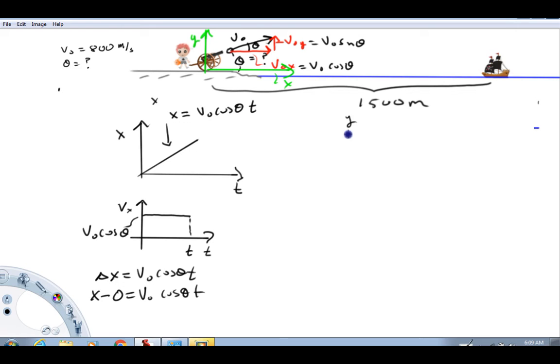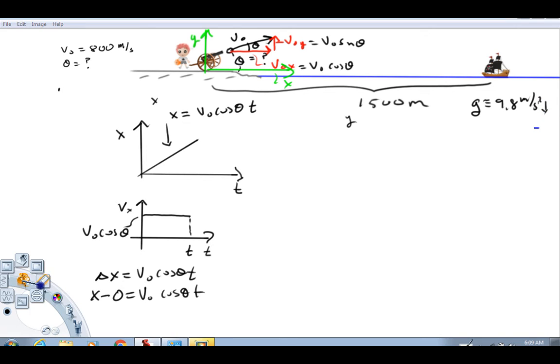So as far as the y direction is concerned, this cannonball is accelerating. It's accelerating down at about 9.8 meters per second squared, which I'm just going to call g. Right? Acceleration of gravity, approximately 9.8 meters per second squared downward.